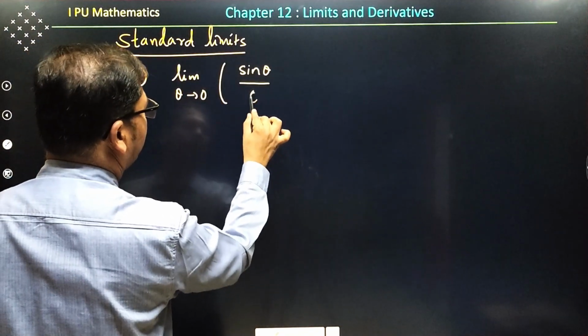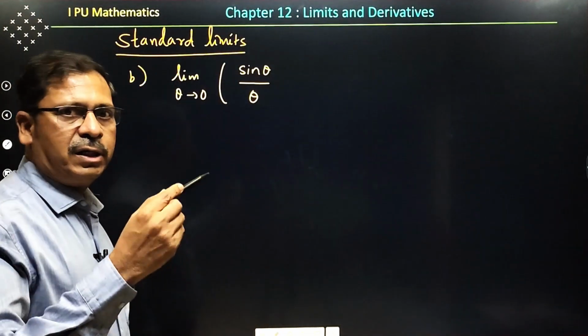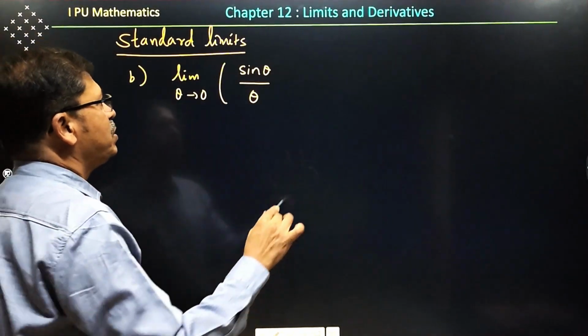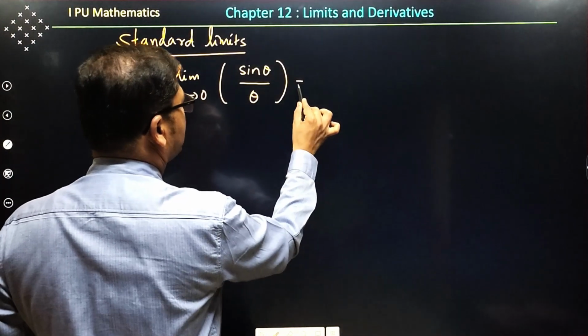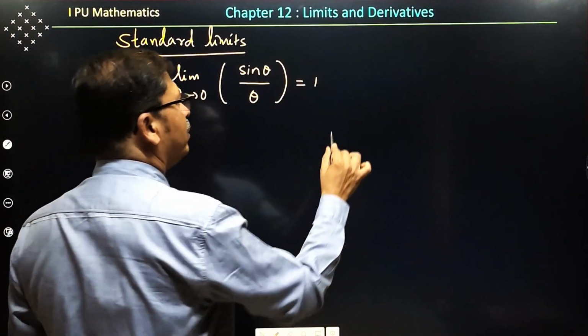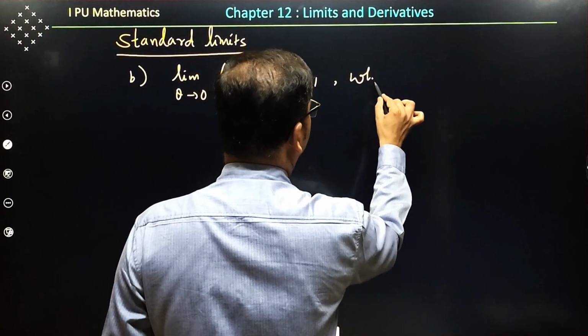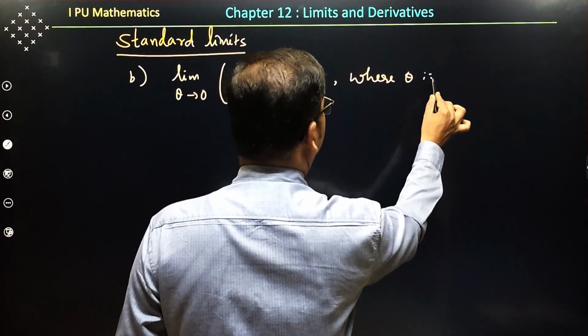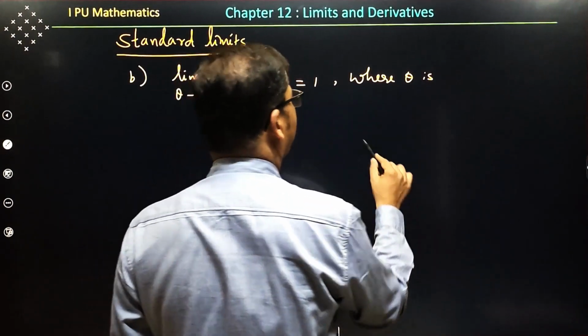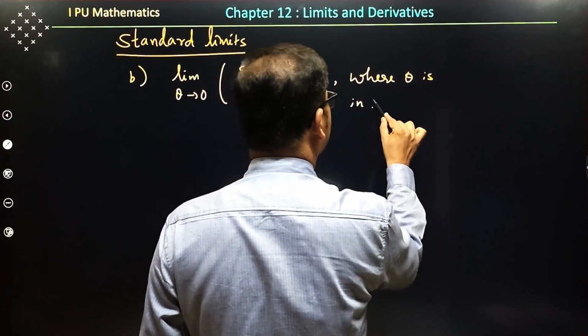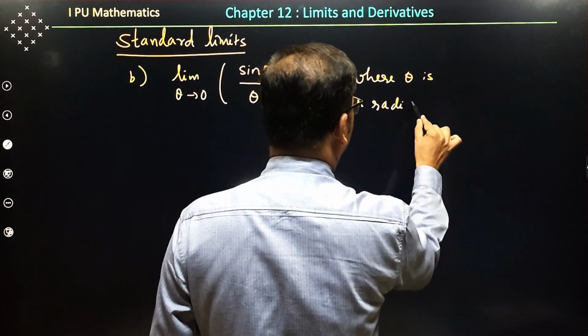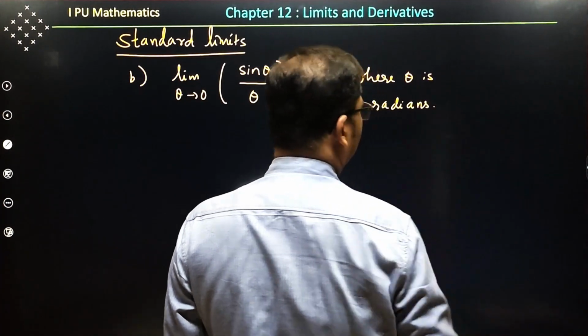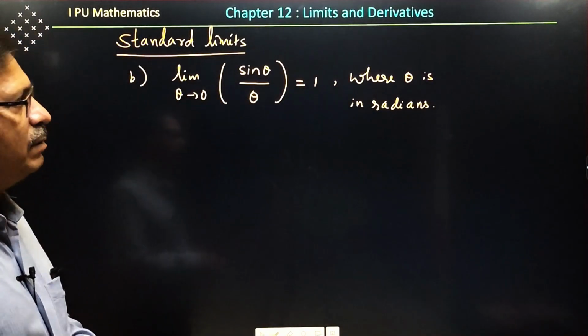This is the standard pattern, you remember here, sin theta upon theta. This must be equal to what here? 1, where theta is measured in radians. So this is a standard limit property.